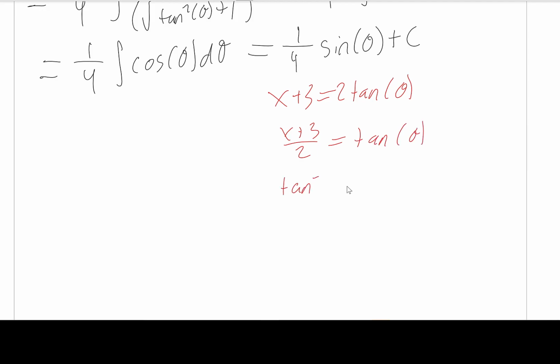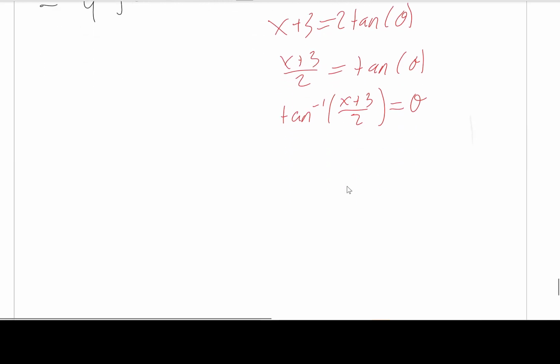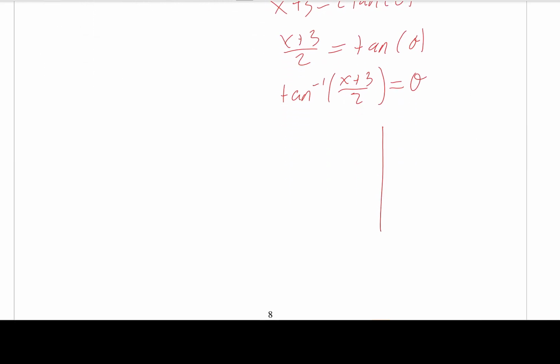So tan inverse of x plus 3 over 2 is equal to theta, which means that our triangle should look like, opposite over adjacent, so this is x plus 3, this is 2, so the hypotenuse will be the square root of x plus 3 squared plus 2 squared, which will give us x squared plus 6x plus 13.